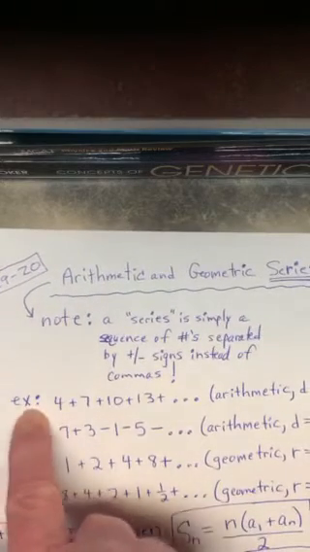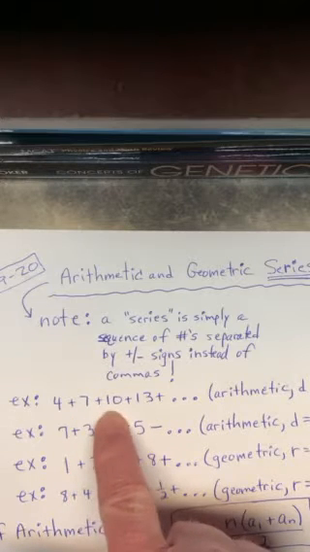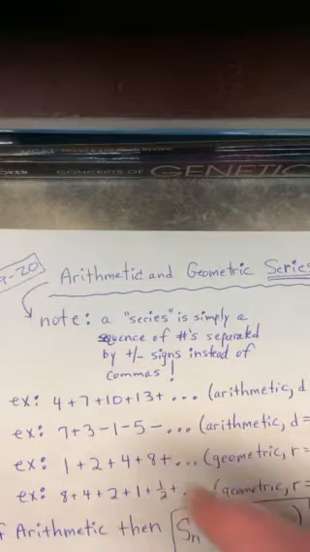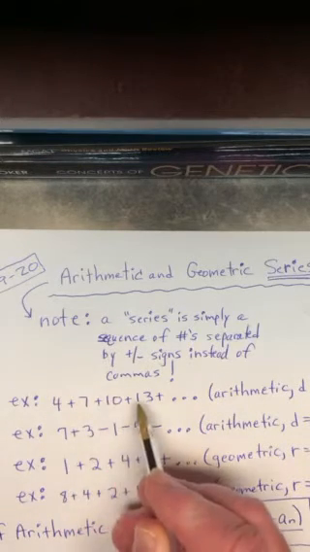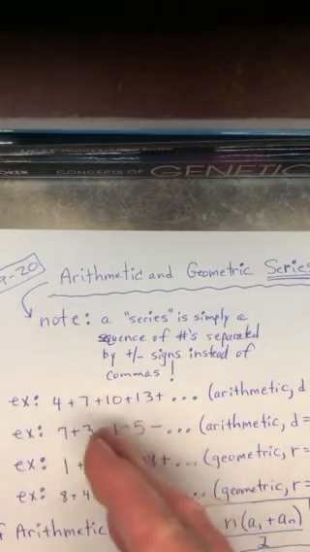Example number 1. What if I wrote 4 plus 7 plus 10 plus 13 plus ... Now, certainly you can see we're going from 4 to 7 to 10 to 13. The numbers are created how? By adding 3 each time.